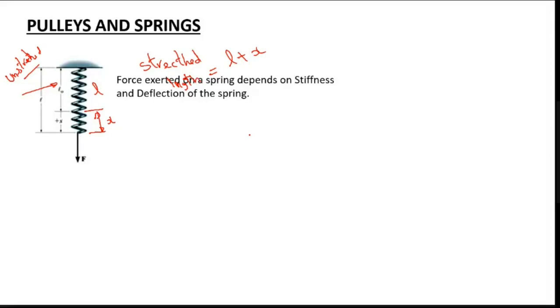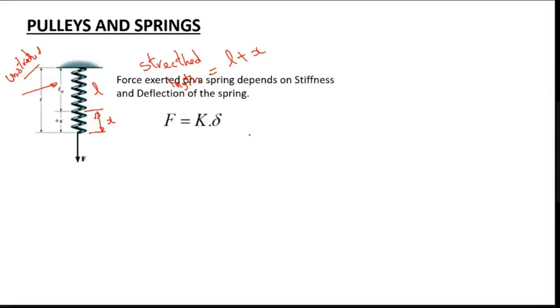The springs you can see below trains will have high stiffness. Even in your pen you have a spring, and that spring will have very low stiffness. Whenever the stiffness is more, it requires lots of force to stretch.